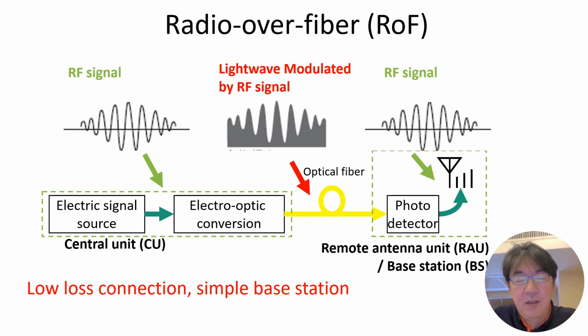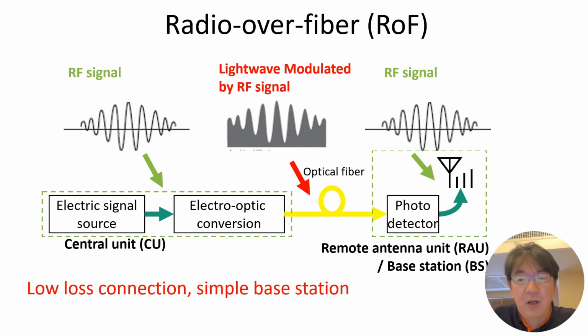This is the radio over fiber system, which can offer the transmission of waveforms of radio services. Now we rely on the radio wave communication services, for example, the mobile communication services with smartphones.